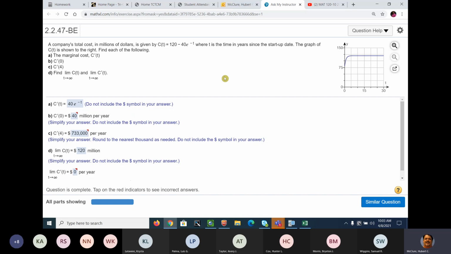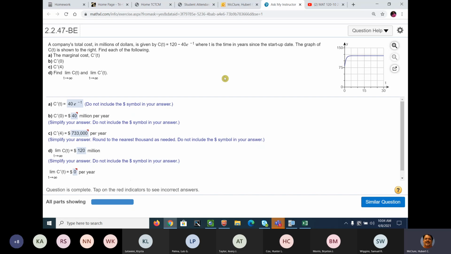Let's go back. A, they want you to find C prime of t. B, they want you to do C prime of 0, don't they? Yep. And C prime of 4. And D is find the limit.